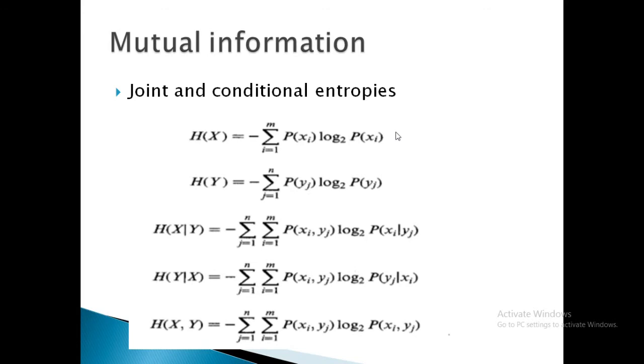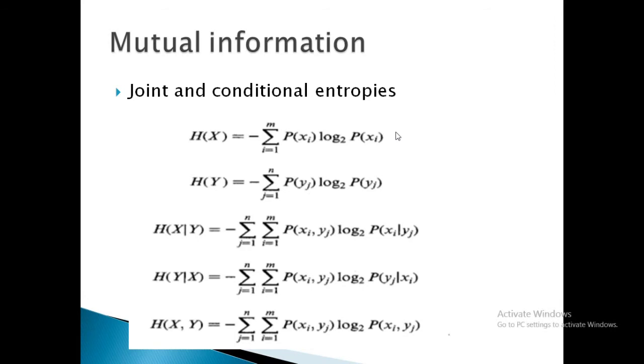H of X given Y is equal to minus summation j equal to 1 to n, summation i equal to 1 to m P of xi comma yj log base 2 of P of xi given yj.